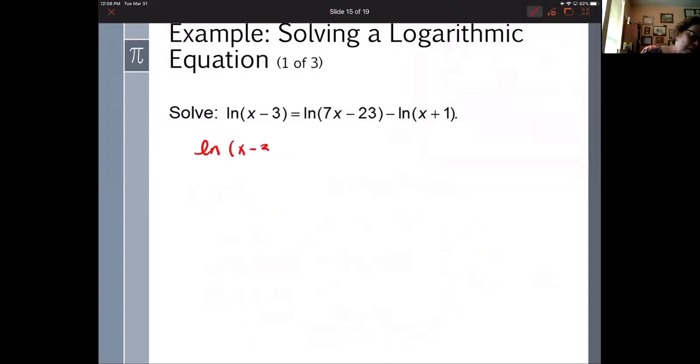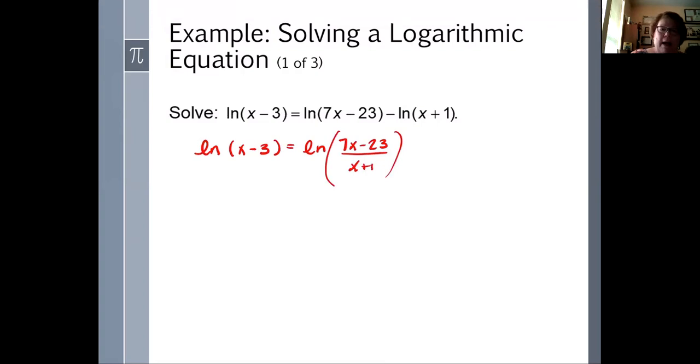It's probably a little bit quicker to do. The difference of two logarithms can be written as the logarithm of the quotient. So now that I have log equals log, I can set what I'm taking the log of equal to each other.